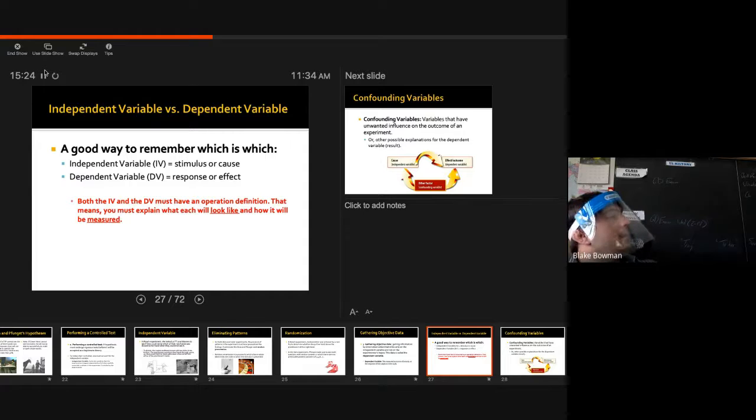All right, so last thing I want to go over is a confounding variable. What do you think a confounding variable is? Campbell, what do you think a confounding variable is? I don't know. Maybe something that doesn't really impact the result. It's just there.